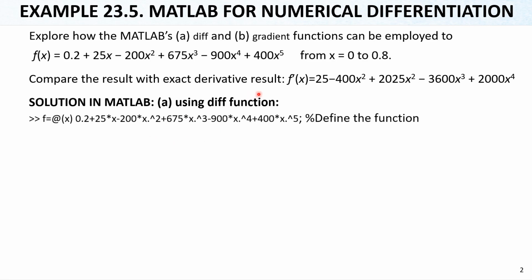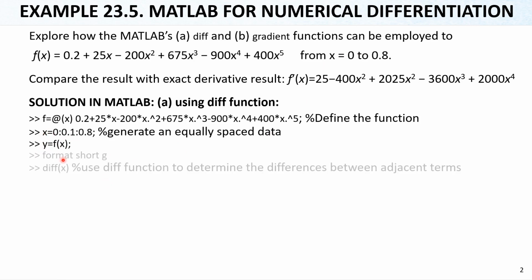Let's define the function in MATLAB using this. Then generate equally spaced data between 0 and 0.8 with an h value of 0.1 and calculate the y values as fx. Use short format.